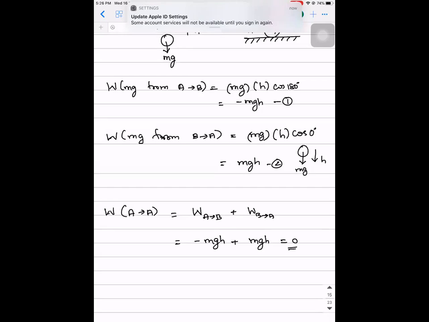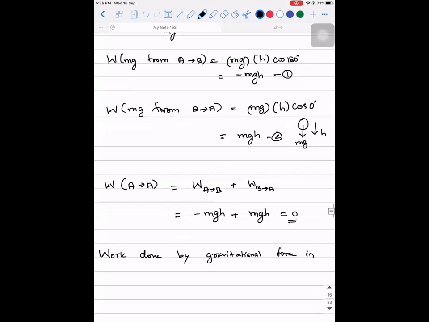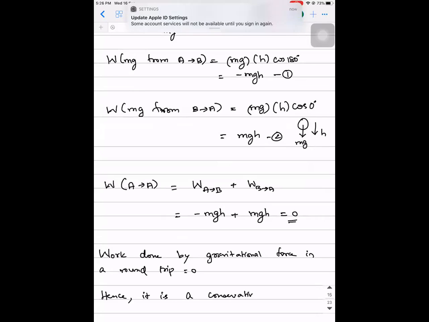Gravitational force. So that is what I was expecting, right? So from this we can say work done by gravitational force in a round trip is 0. Hence, what type of a force is it? Conservative. Okay, it is a conservative force.